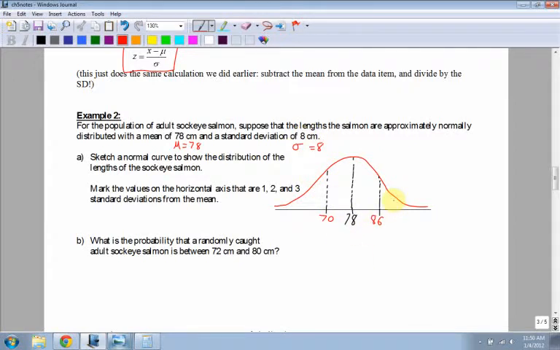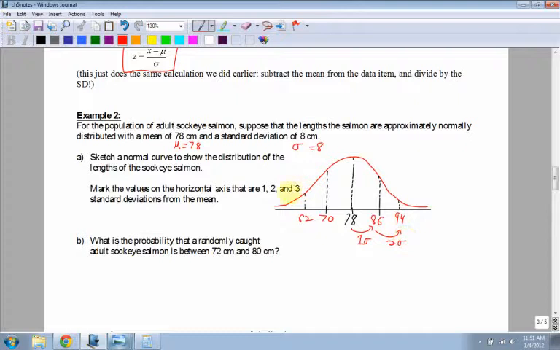If I go up again, 1 more, then that means I'm going 8 again each direction. So this is going to be 62, and this is going to be 94. So that's 2 standard deviations. First I went 1 sigma, then I went 2 sigmas.